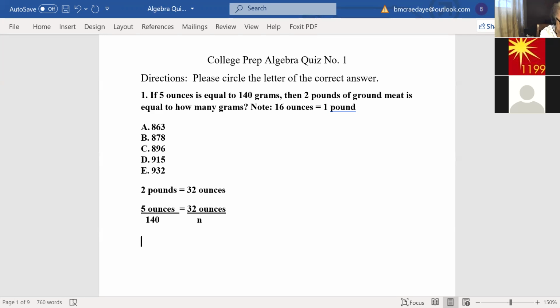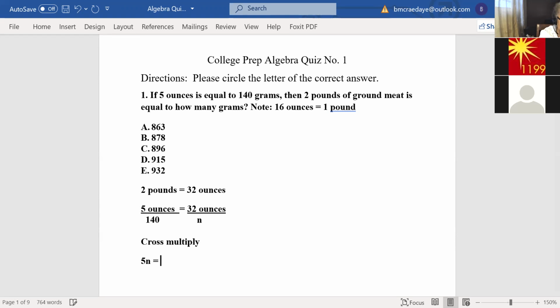Now, you said cross multiply. That is correct. So that means we multiply 5 times N, and 32 times 140. So that will be 5N.